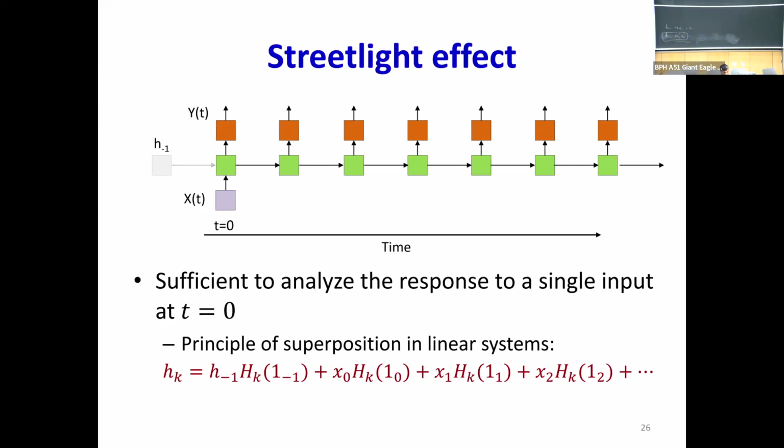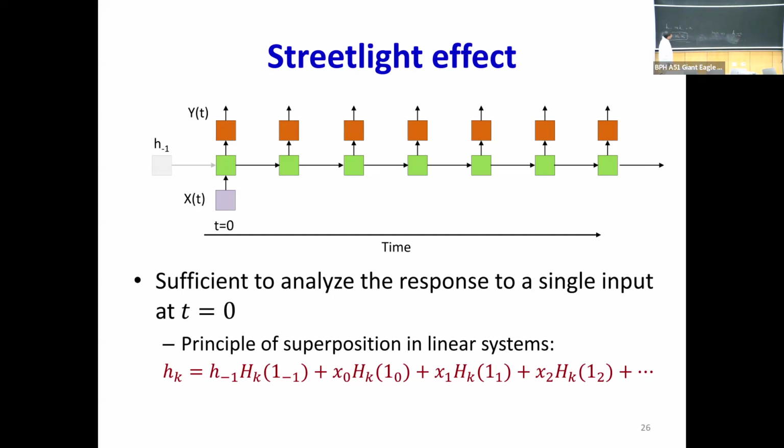When W is unbounded, or W is greater than 1. If W is greater than 1, it implies HK tends to infinity as K tends to infinity, correct? Pretty much, because WH raised to K is going to go up.